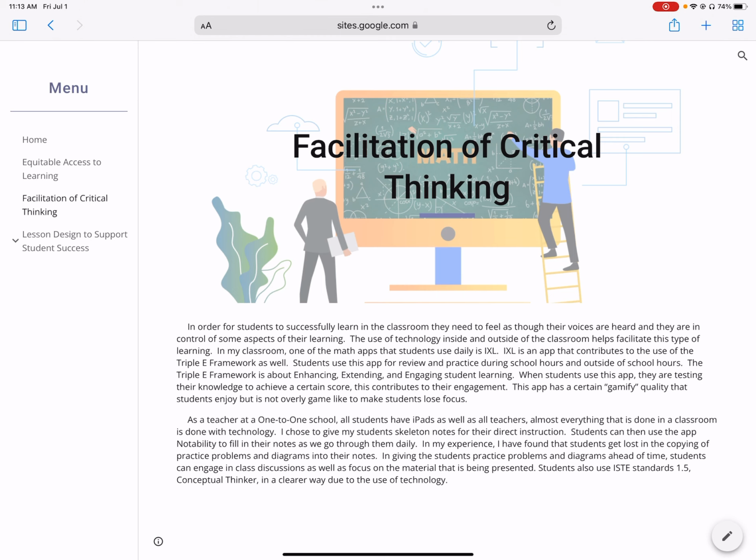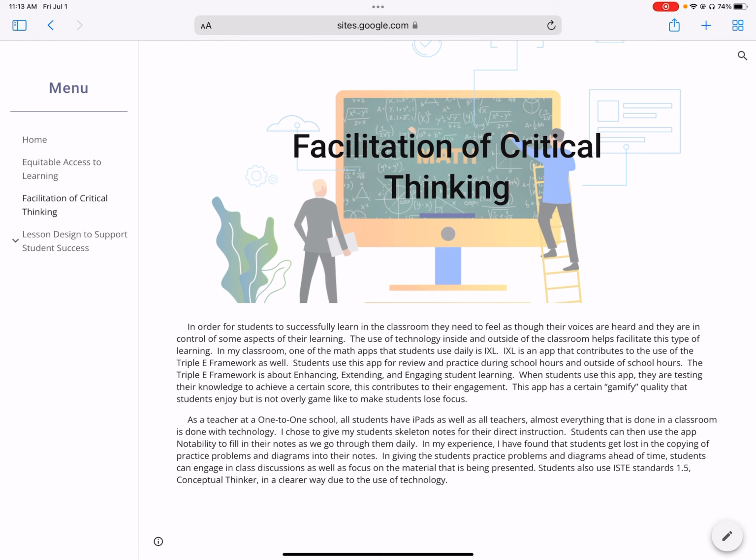And also, as I have said, as a one-to-one school, I have the ability to push out skeleton notes to my students based on the unit that we are working on, which really does help in students already having the practice problems written down or the diagrams if I'm teaching a geometry course.